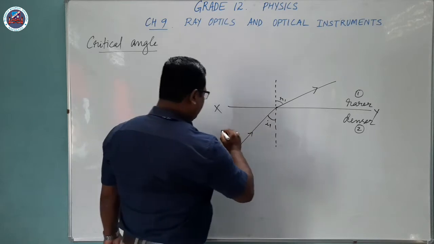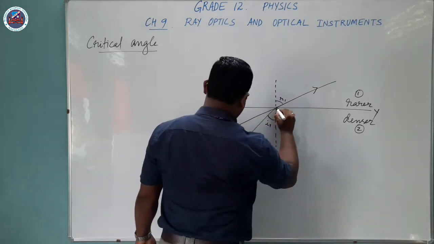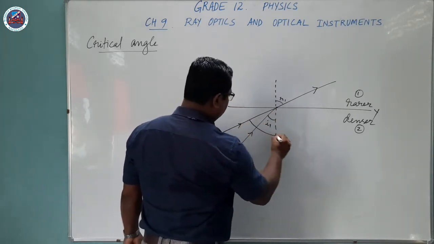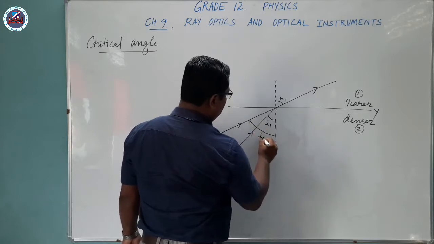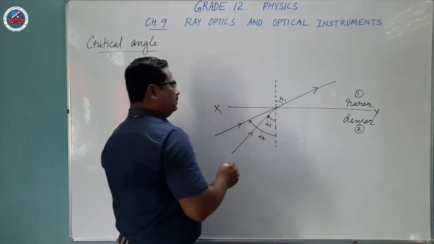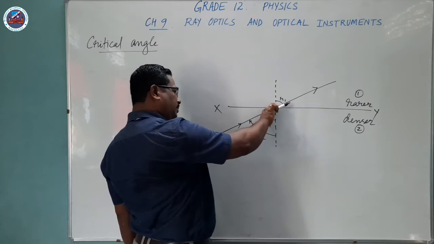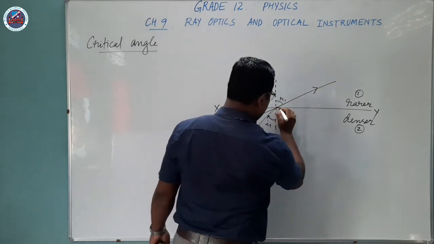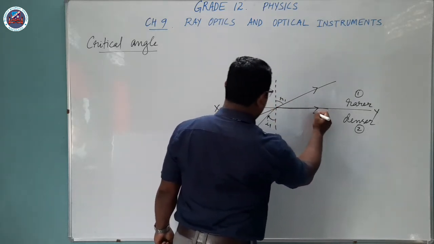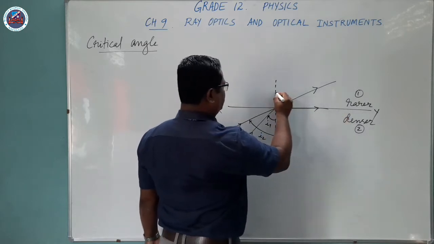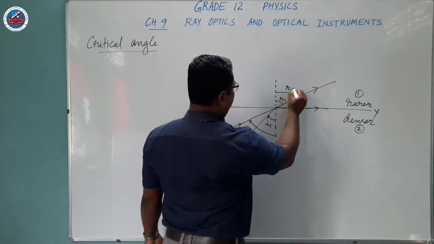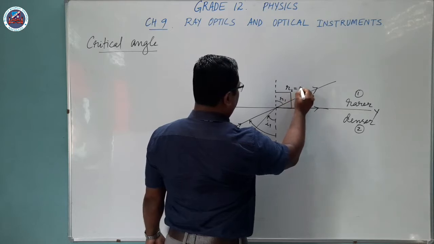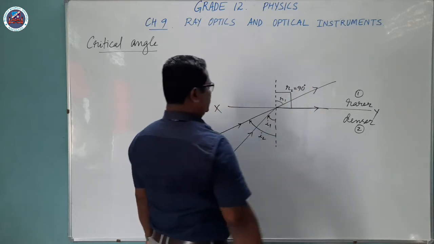Now, if I increase the angle of incidence, say as I2, then the angle of refraction again will become more. Suppose the light is refracting this way. So here you have the angle of refraction as 90 degree in the second case.